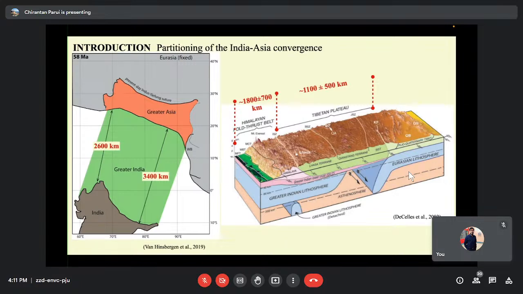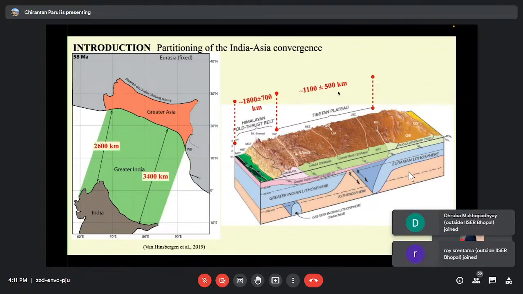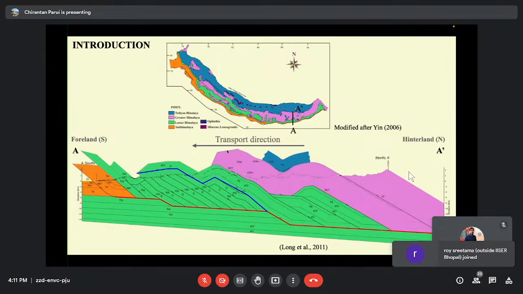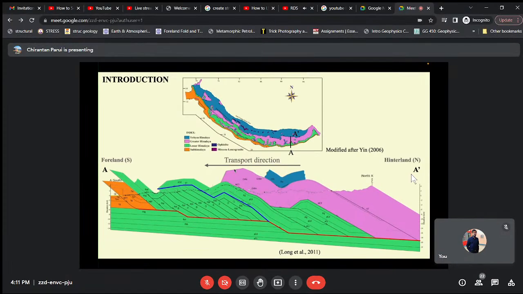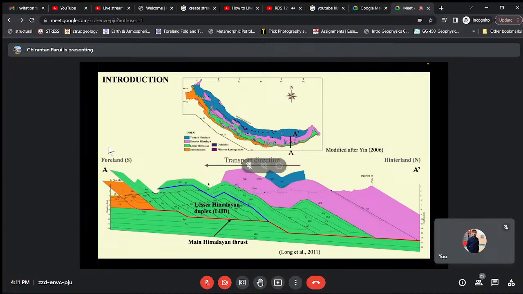The lithology along the strike, the glide horizon, and the presence of transverse zones suggest that India collided with Asia approximately 52 million years ago, with about 3,400 kilometers of convergence since. This shows the same characteristics of structures which are folded along the strike of the glide horizon.